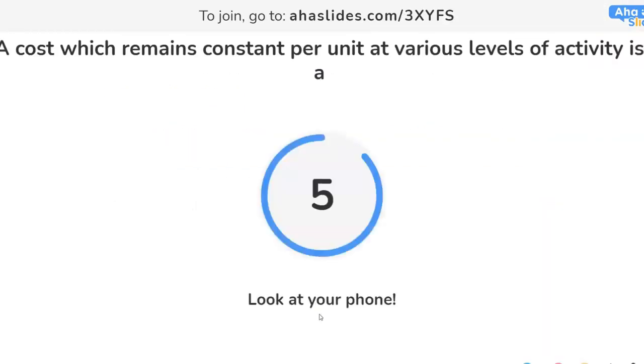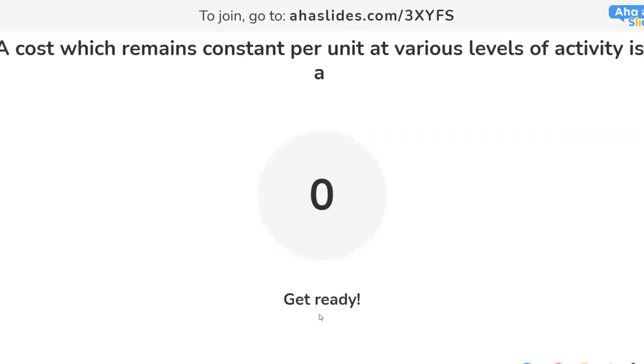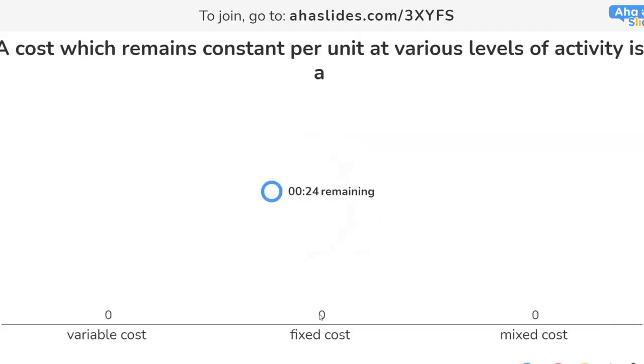The cost which remains constant per unit at various levels is a variable cost, a fixed cost, or a mixed cost. Now notice it says per unit.